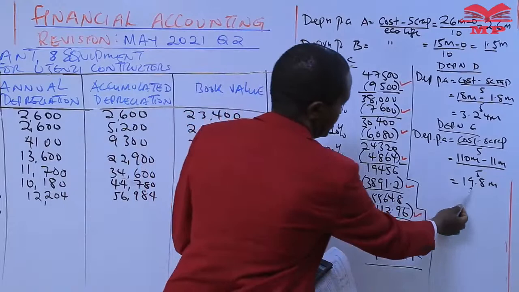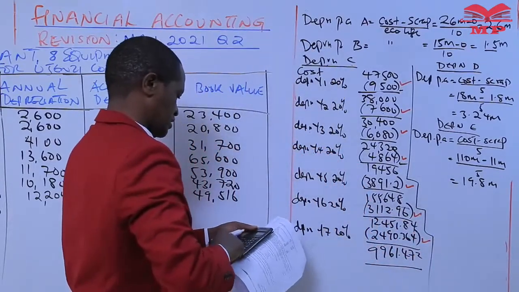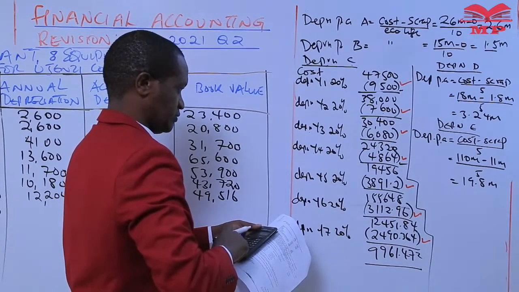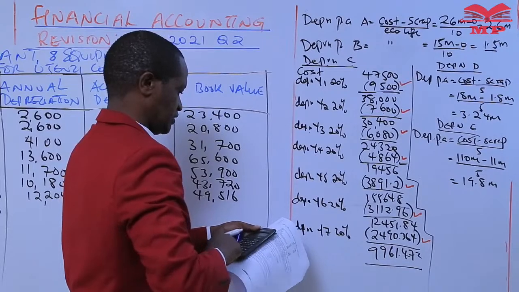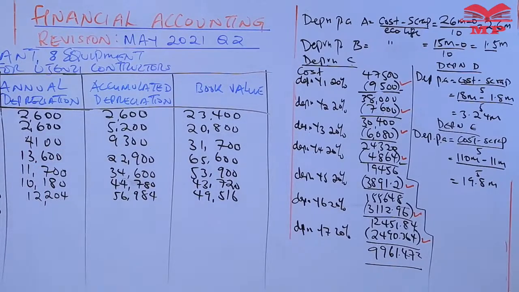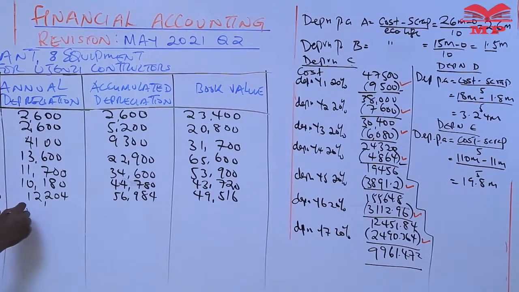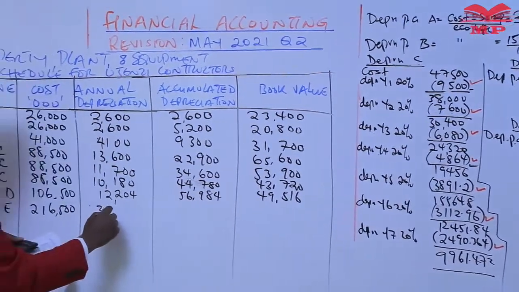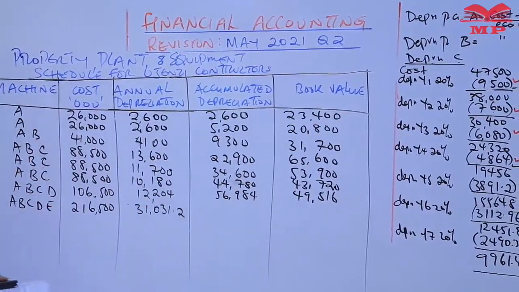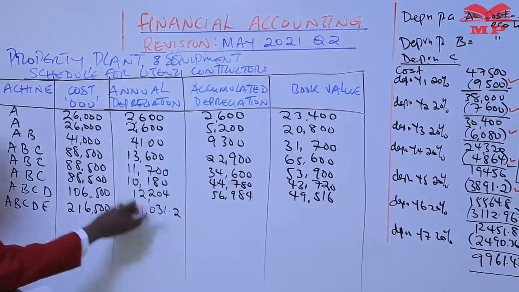Machine E, we have it there, 19,800. So the annual depreciation for all the machines, I have 31.2. That is the annual depreciation.